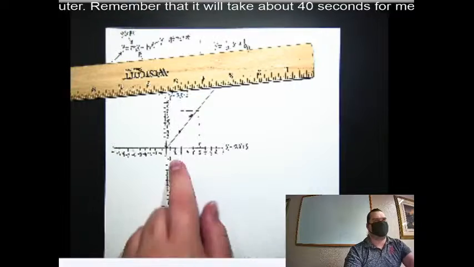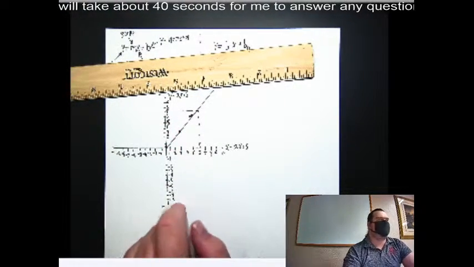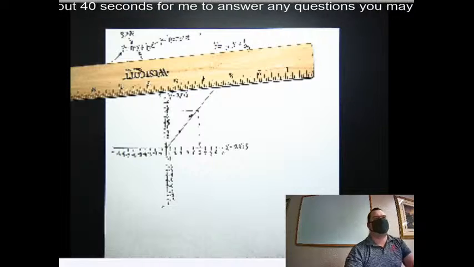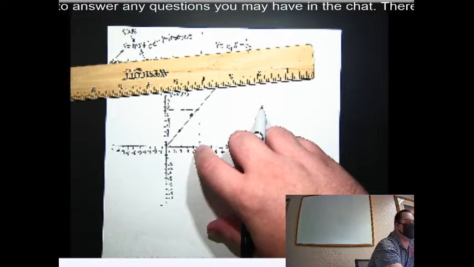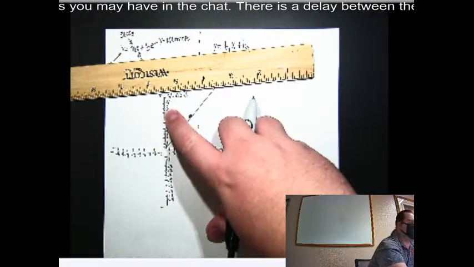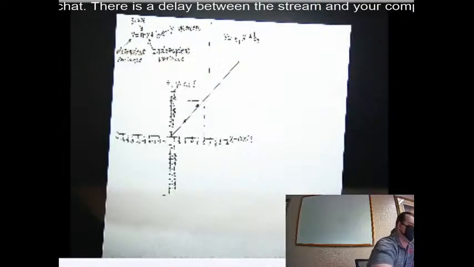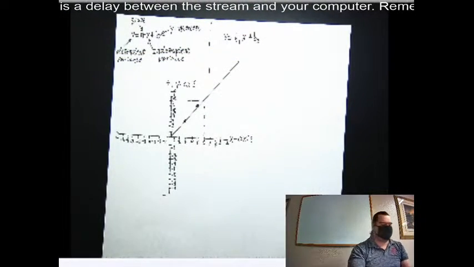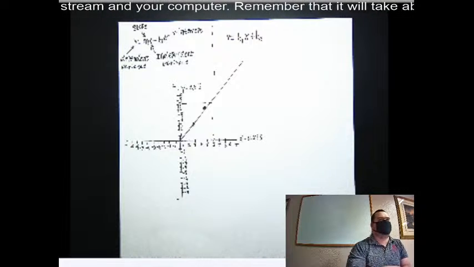If this was an actual computer or graph paper or something, not just me writing down numbers, it'd be a lot easier to read. But again, you could plug in 6. Okay, what do we get for 6? I don't have to calculate it. I just have to look at the graph and see. Does that make sense? Okay, so these models allow us to predict what data is probably going to look like.